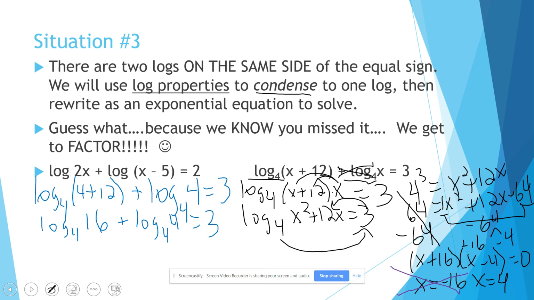And then we would again check in our calculator. Log base 4 of 16 is 2. Log base 4 of 4 is 1. Does 2 plus 1 equal 3? Yes. And these two values are positive. So we could get them into our calculator, and x equals 4 is a good answer.